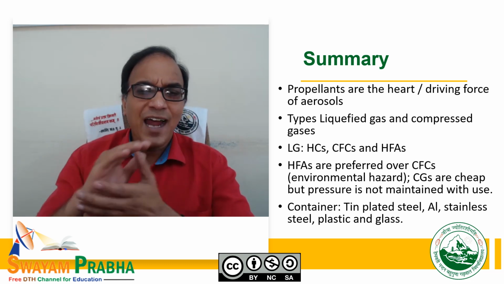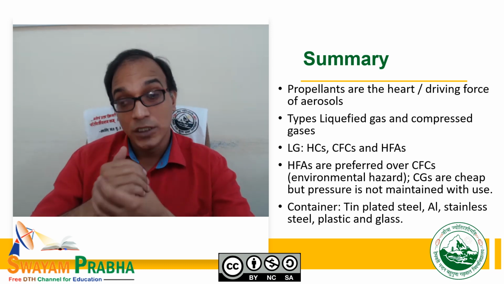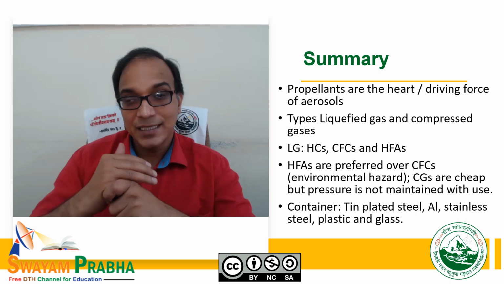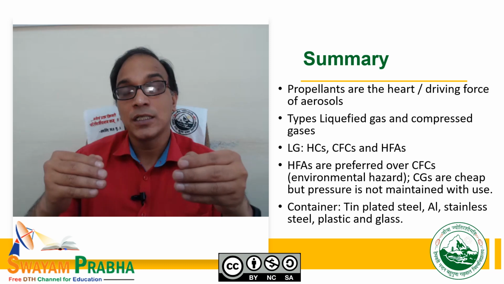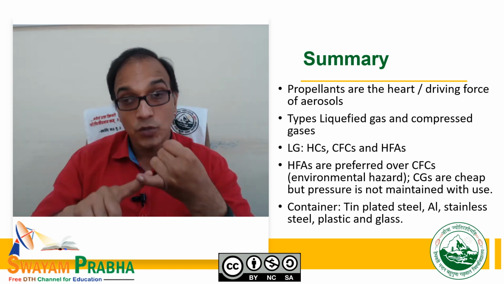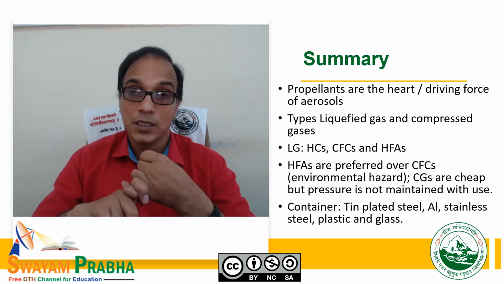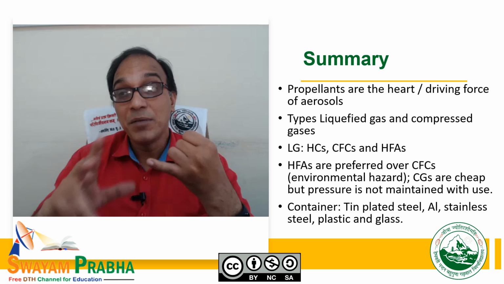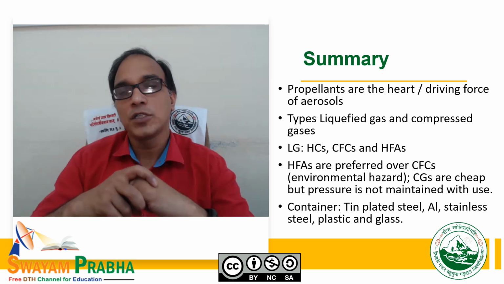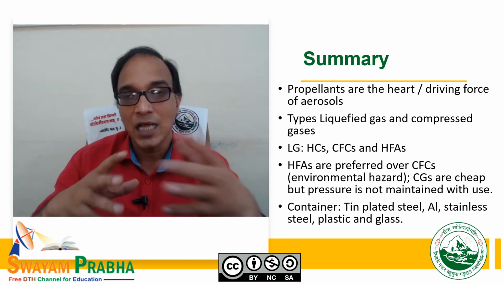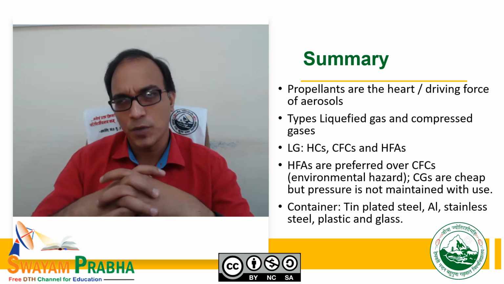As far as the containers are concerned, containers are tin-plated steel, aluminum, stainless steel, plastics, and glass, and the selection of container depends on what kind of propellant you are taking, what kind of solvent you are taking, what kind of overall system it is, what kind of stability is required, how much pressure it can withstand, how much percent of propellant you are adding, because you cannot add a higher percent of propellant in glass, up to 15% of propellant as we have discussed.